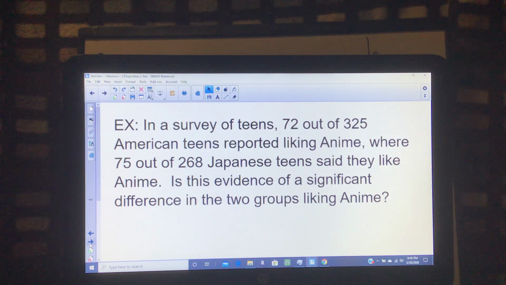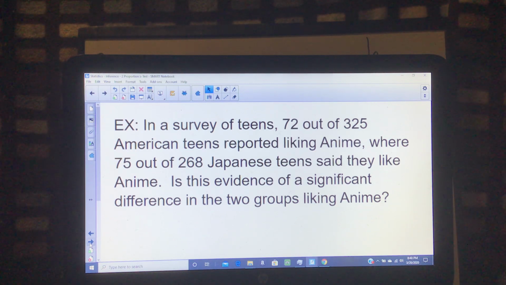In the next video, I'll attach an extra video that has the solution to this, but I'd recommend that you try this on your own and see if you can come up with the conclusion. Basically, even though there's going to be some difference in the samples as to Americans versus Japanese liking anime, is this difference indicative that the populations actually like anime at a different rate?